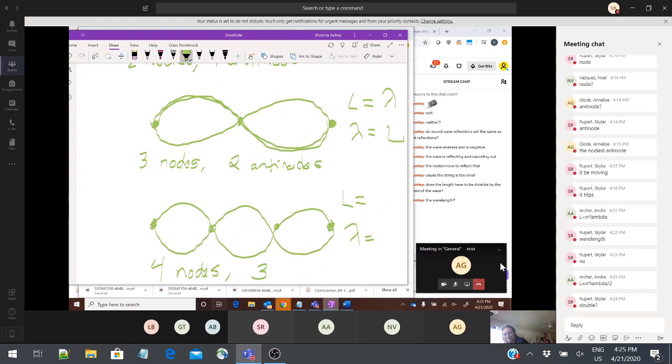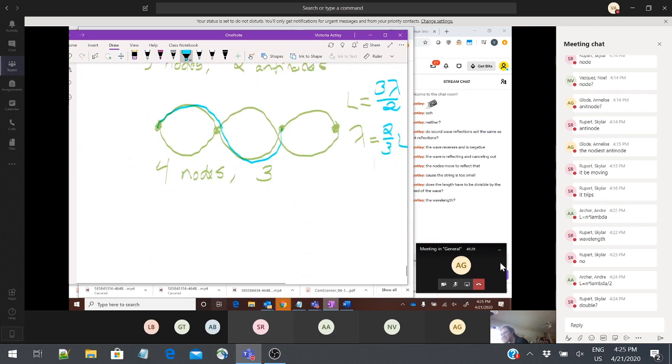This one's a little tougher. I find it easier to think about lambda. One wavelength is going to be here plus here. So that is 2/3 of the length of my thing. So this becomes 3 lambda over 2.